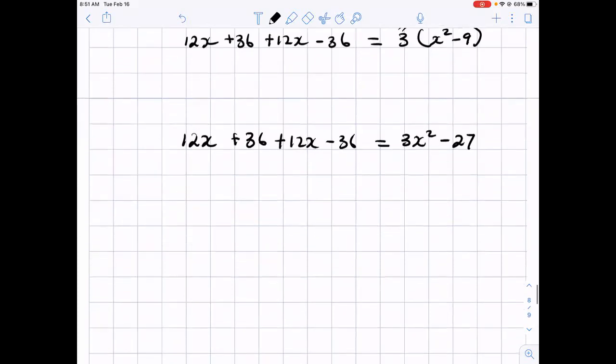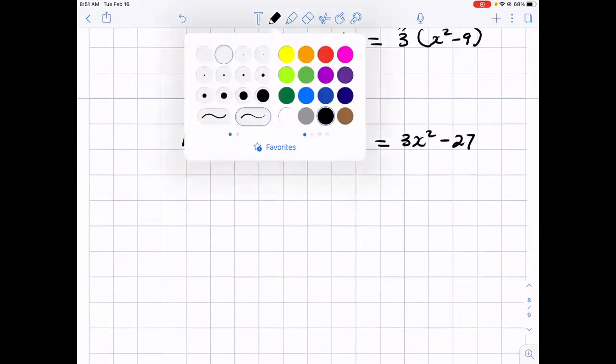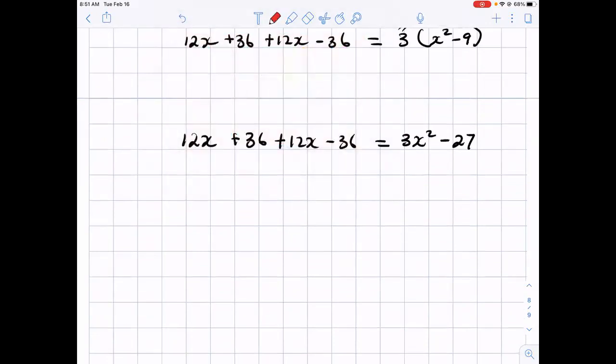If we combine like terms, you will notice that the plus 36 and the minus 36 cancel, and then 12x plus 12x becomes 24x. So we have 24x is equal to 3x squared minus 27.